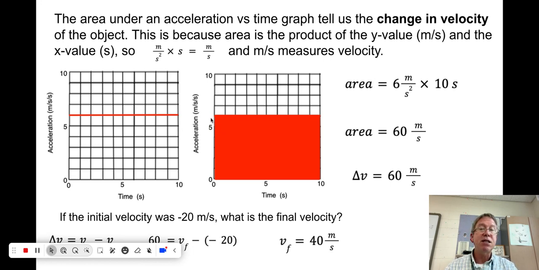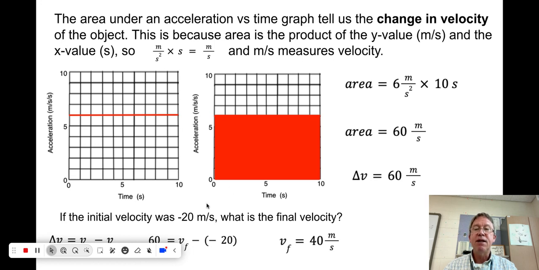So I do the same thing. I'm going to say 6 meters per second squared times 10 seconds. That gives me 60 meters per second, but that's how much the velocity changed. So let's just say the prompt said I had an object whose initial velocity was traveling in the negative direction at 20 meters per second. It underwent this acceleration. What is its final velocity?